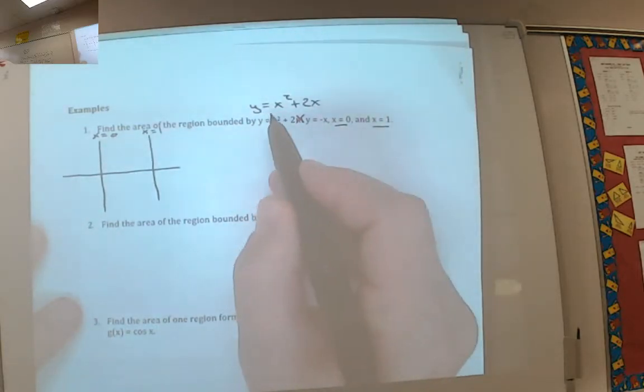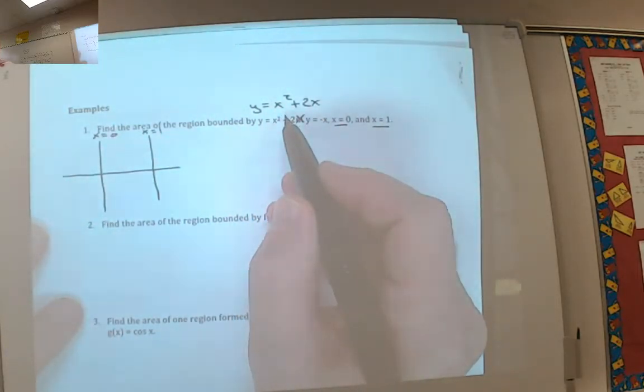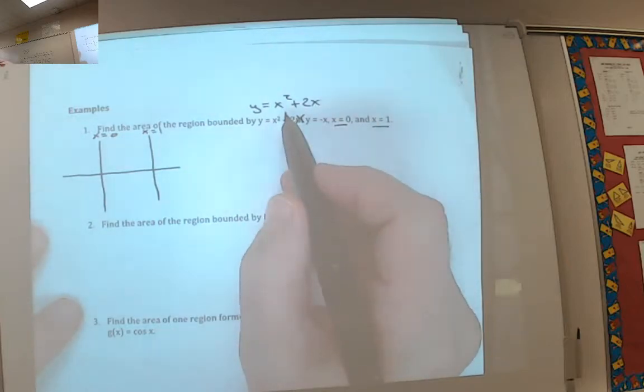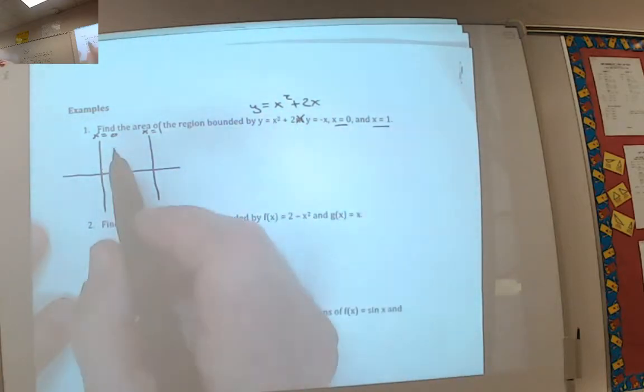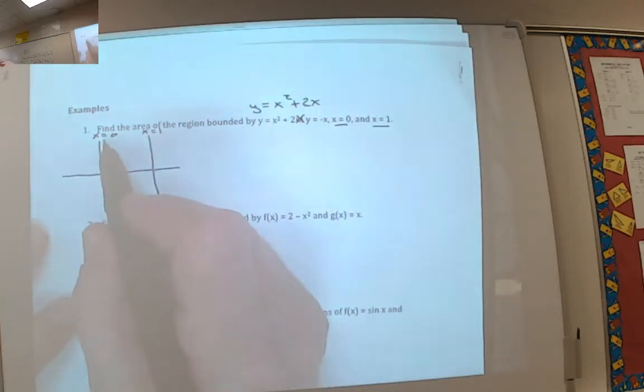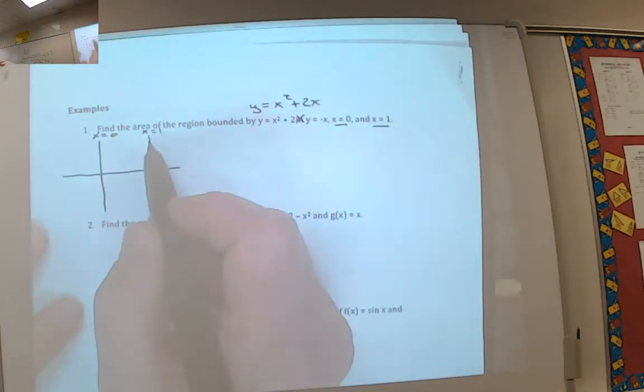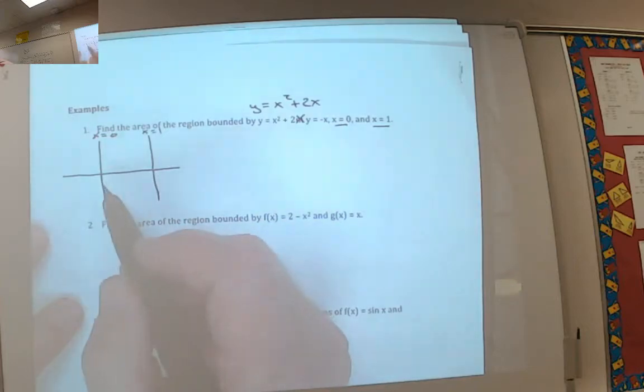So I'm going to graph this one. Jack, what kind of graph is this? Quadratic. Okay, it's a parabola. Okay, and I'm going to start at 0 because it says I'm bounded by these two vertical lines, x equals 0 and x equals 1. So I'm going to start at 0.